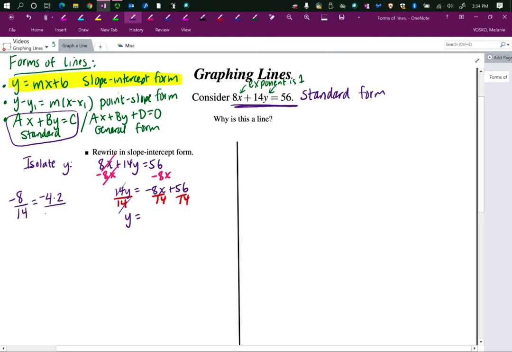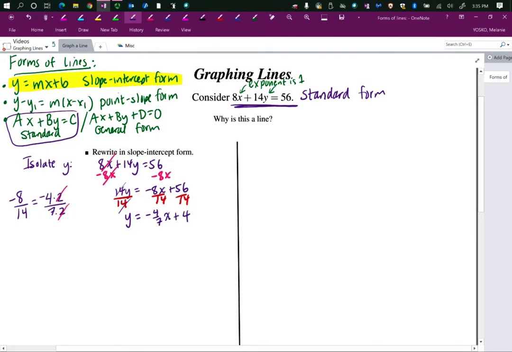And 14 has a factor of 2: it would be 7 times 2. If you wrote it like this, you see we have a 2 in the numerator and a 2 in the denominator. We can cancel those because we have a rule that says if you have a b over b, those can reduce, and you're left with just a. Okay, so we can reduce this to get negative 4/7 x plus 4.